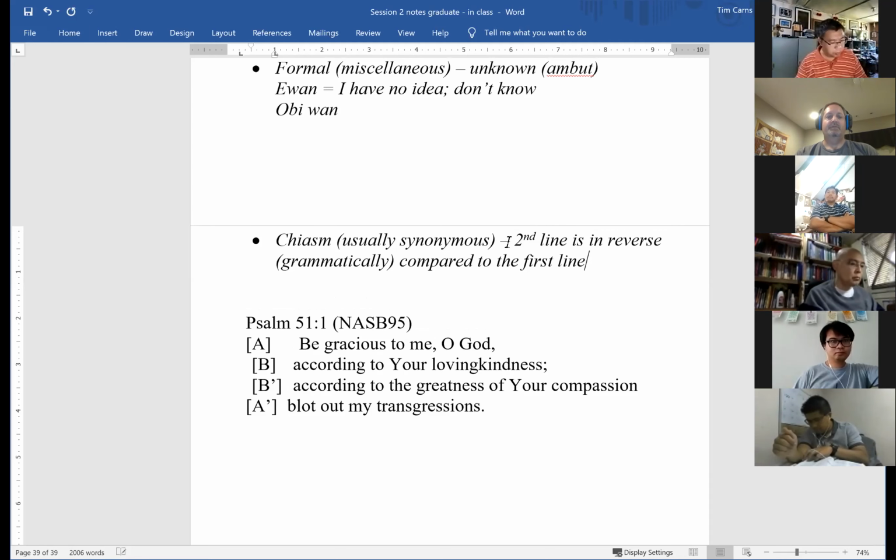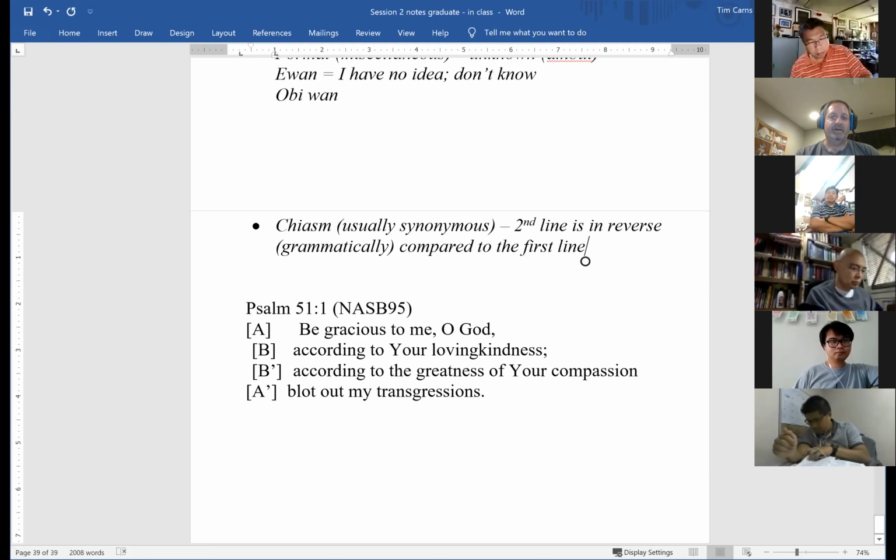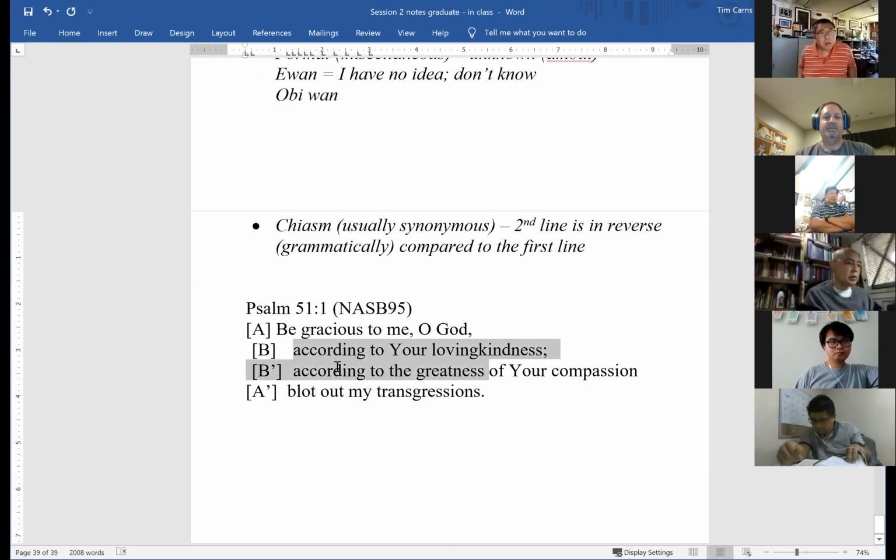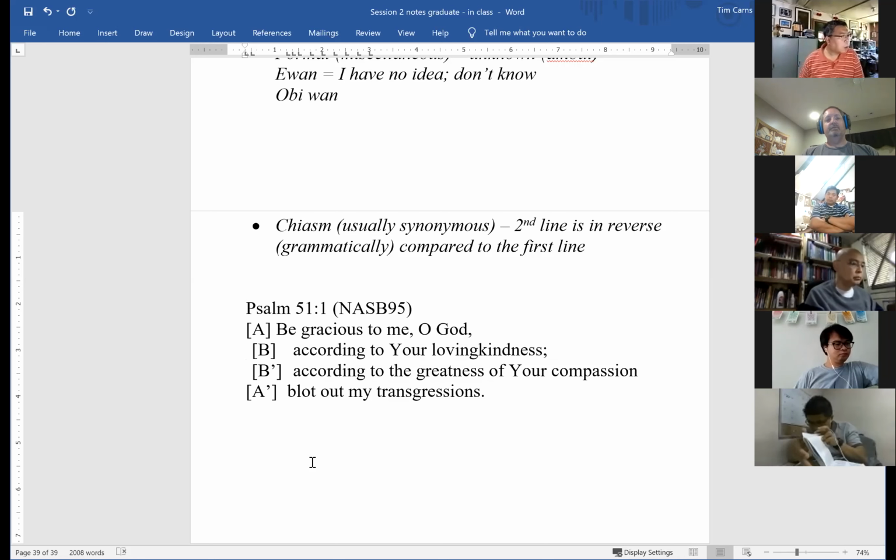So for example, here we have, be gracious to me, O God, according to your loving kindness. But then the second line, notice it begins with according to. He says, according to the greatness of your compassion, blot out my transgressions. So this reflects actually in the Hebrew where the second line, the author reverses the order. He puts according to at the beginning of the second line and puts the statement at the end of the second line. All right? So it's like a mirror.